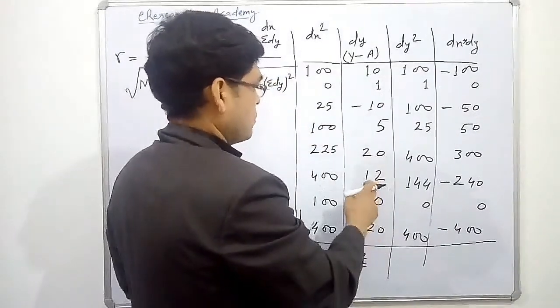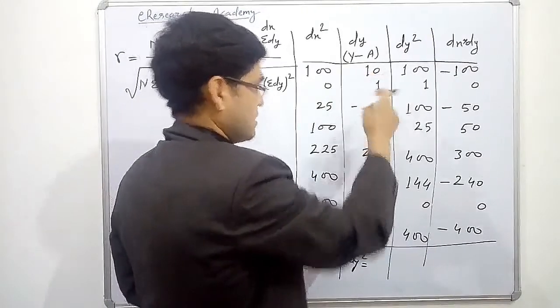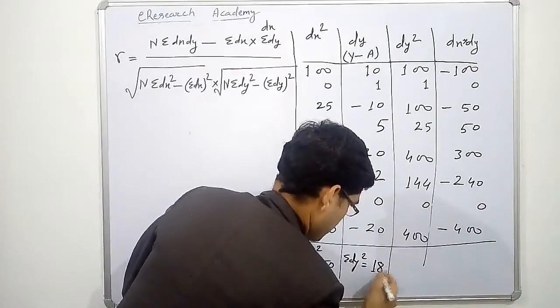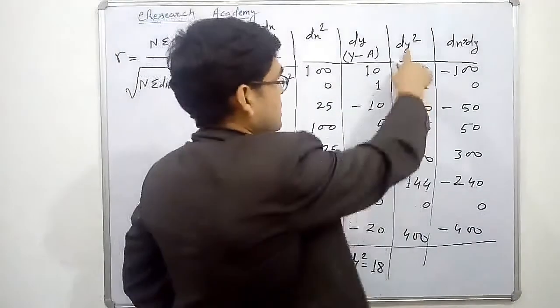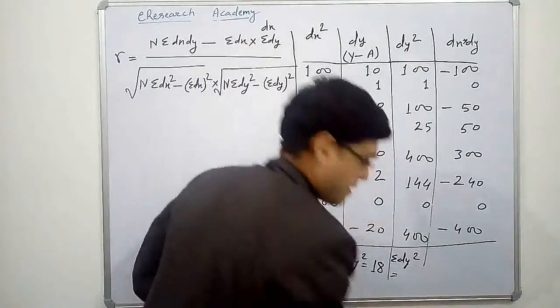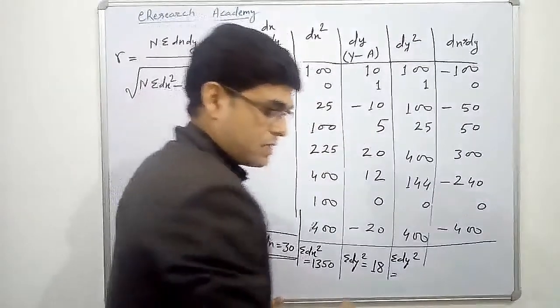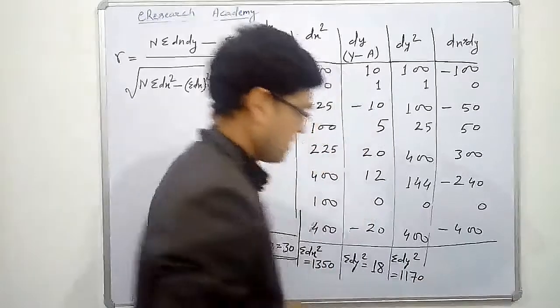Next sigma dy. Twenty, twenty cancel out, 12, 15, 17, 18, 28 minus 10, 18. Sigma dy is 18. Next sigma dy square is 1170.